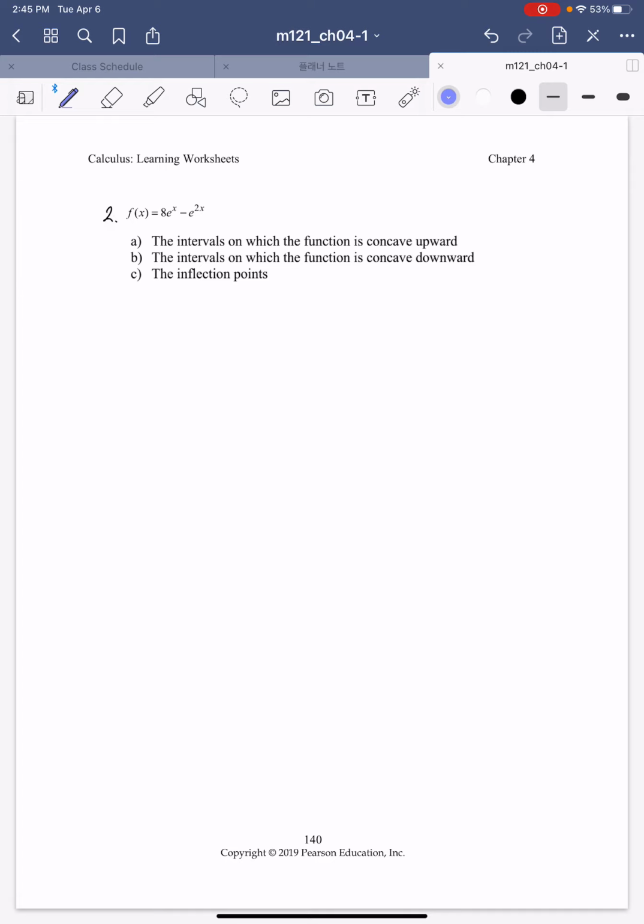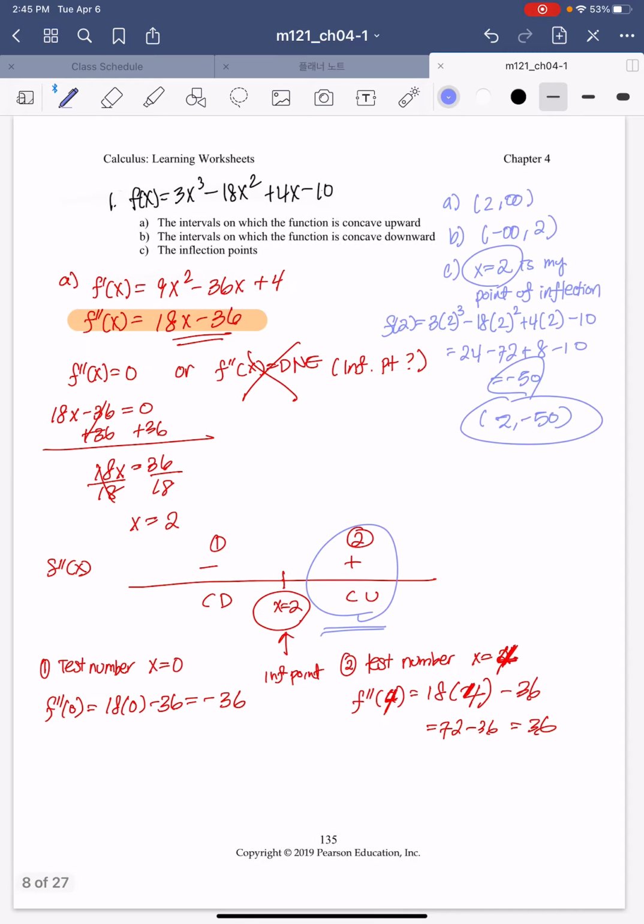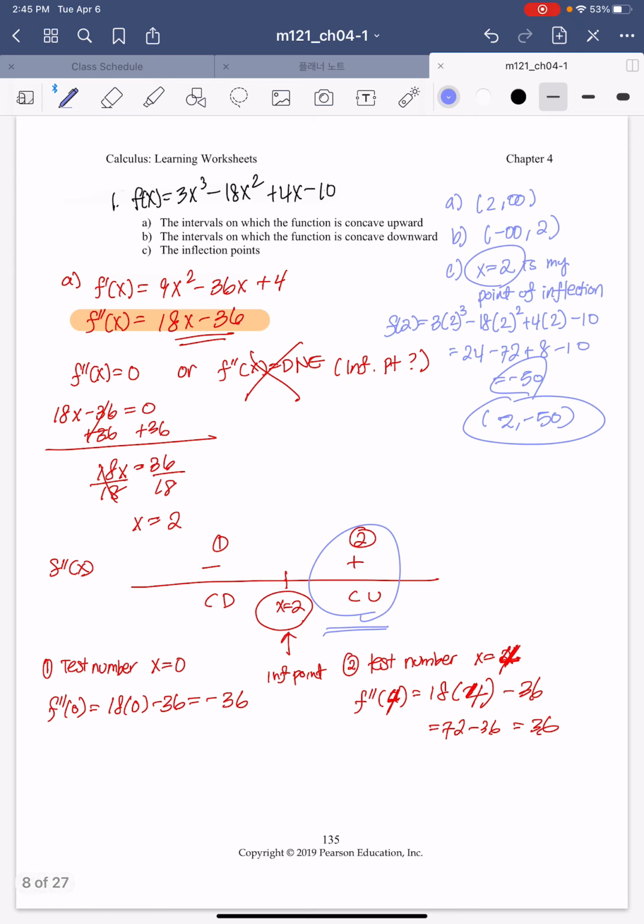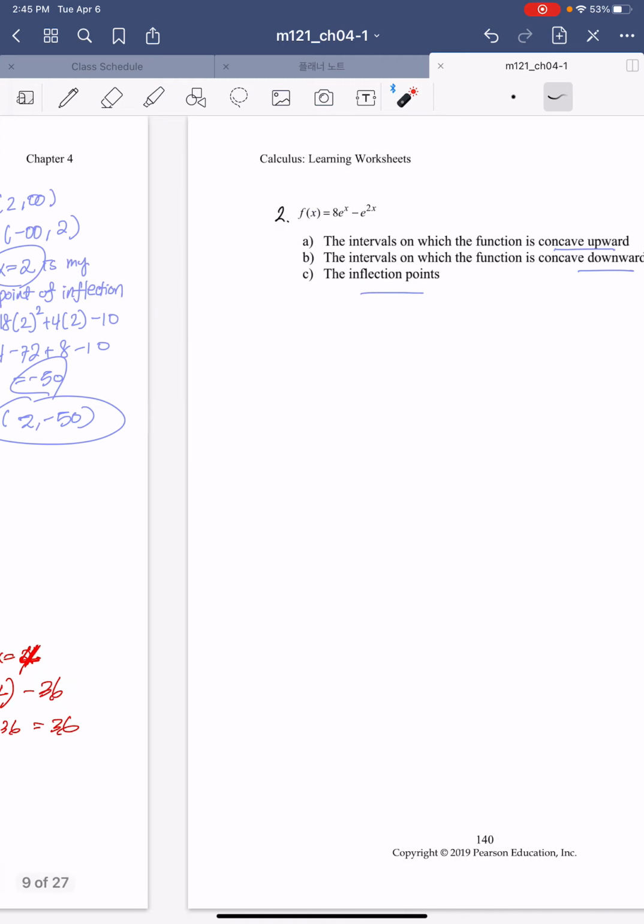Same thing, we will be looking for concave up, concave down, and the inflection point, except we are dealing with a different function. So I'm going to do the exact same thing. Find the second derivative, find where it's 0 or does not exist to find the possible inflection point, create these numbers to partition the number line, and check using the test number to see where it's positive and negative.